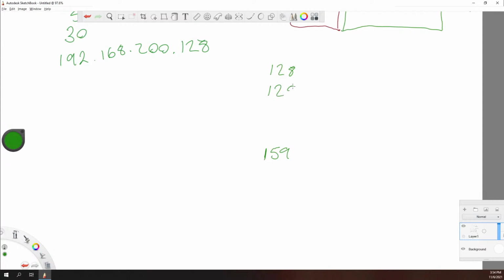The first available address is the first of that, and the last available is 1 less, which is 158. And if you're looking at that binary equivalent again, let me put the red back again so it's clear which part is the network. So we got 100, 0, 0, 0.